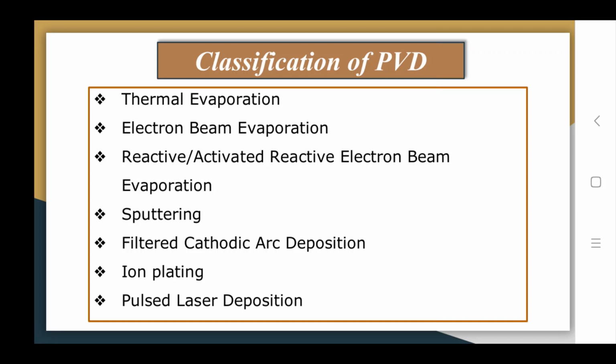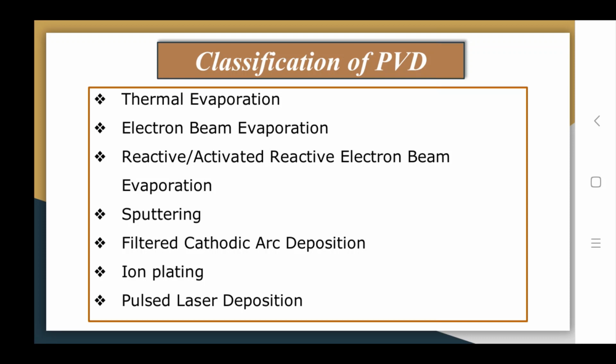So the first type is the thermal evaporation method, then the electron beam, or e-beam, evaporation method, then reactive and activated reactive electron beam evaporation, then sputtering, then cathodic arc deposition, ion plating, and pulsed laser deposition. So these are the types of PVD technique.